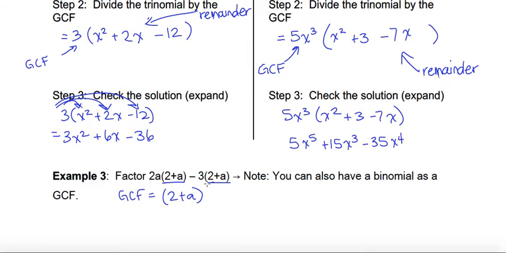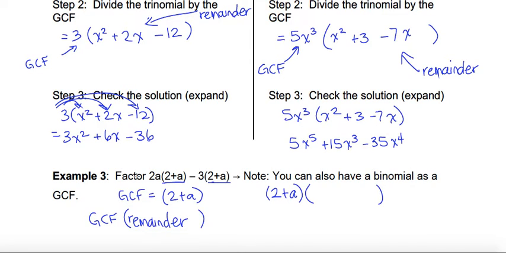And that's okay to have. So I want you to think about that. So if I was to then factor this, I would write, just like before, my greatest common factor out front, and then my remainder. So that's one way to think about it. So I would have 2 plus a, and then I'm going to have another bracket that has whatever my remainder happens to be.